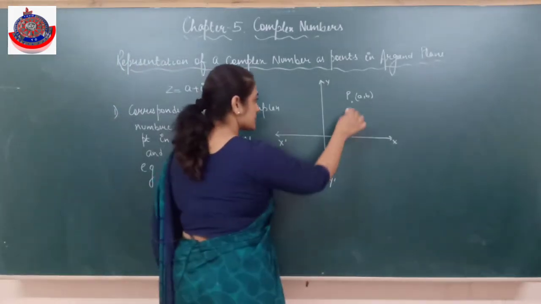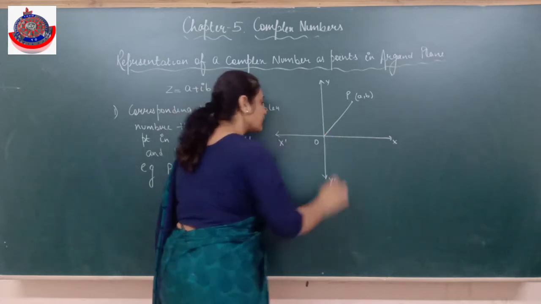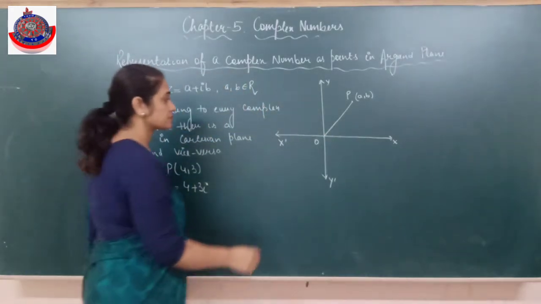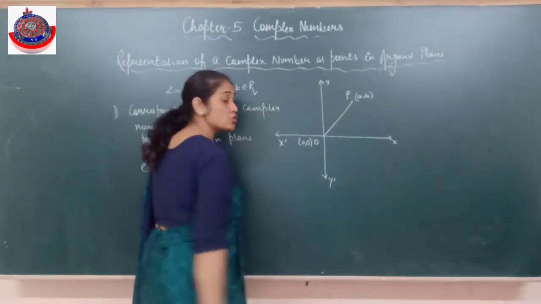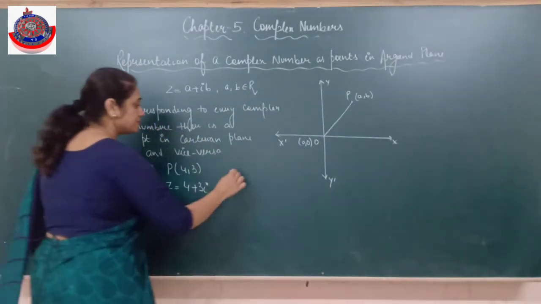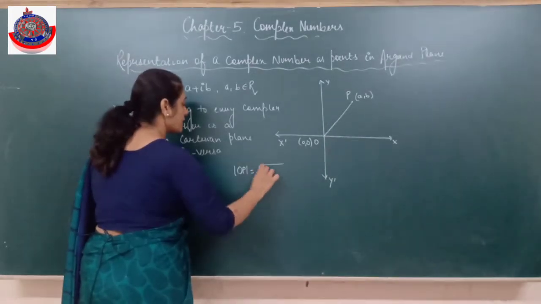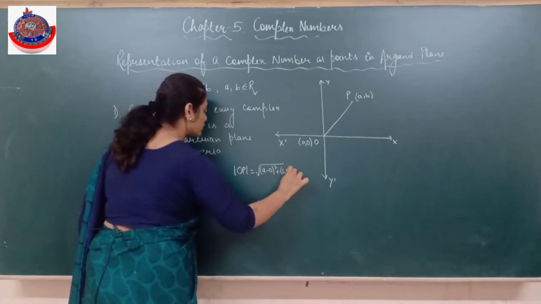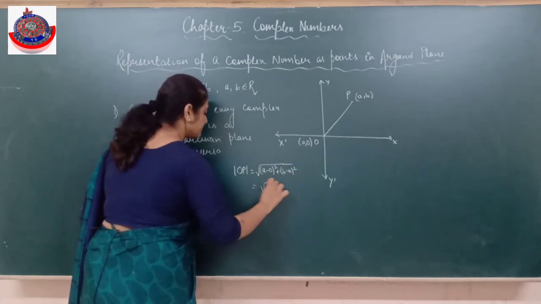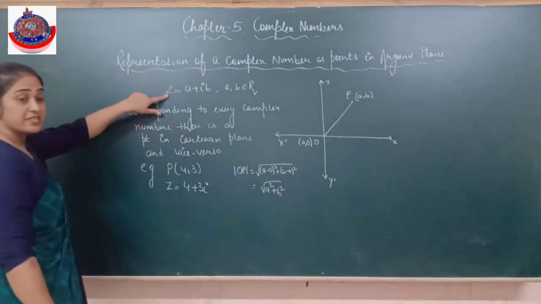If I join this, this is origin. If I find this distance OP, what is OP? If I find it by distance formula, x2 minus x1 whole square plus y2 minus y1 whole square, that is square root of a square plus b square. This a square plus b square, what is it of this complex number?